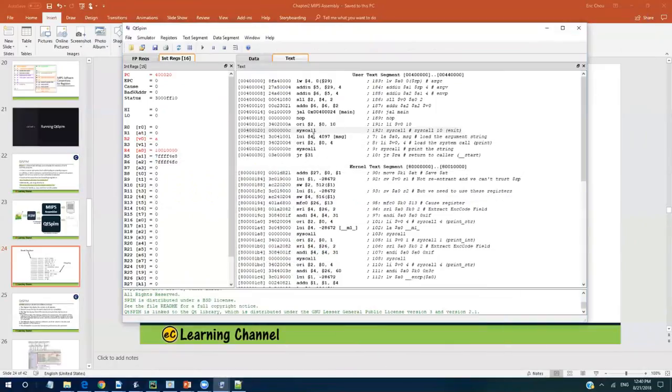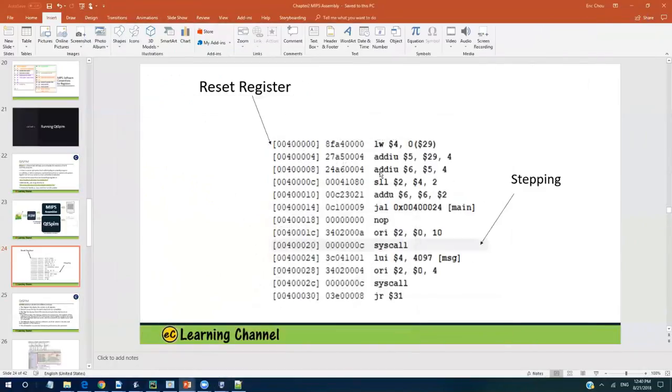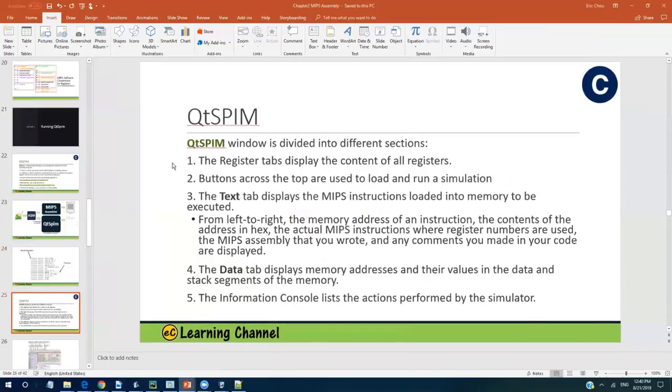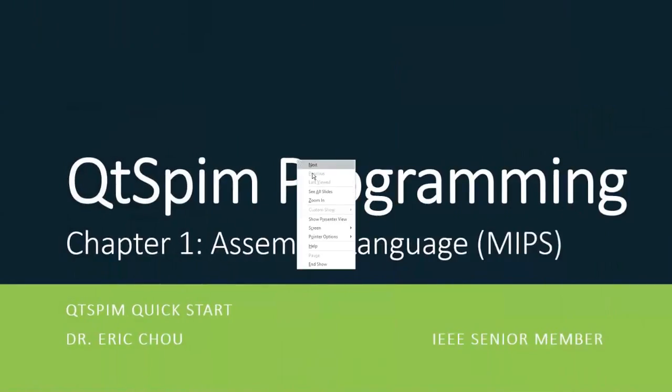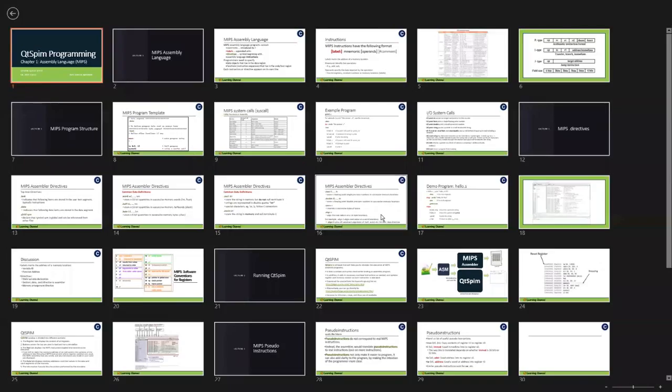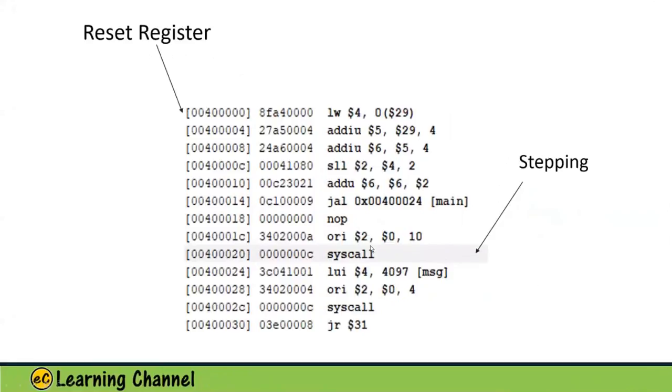The real assembly code run by QtSpim is different, and that's because we have something called pseudo instructions. That is something we will cover later.